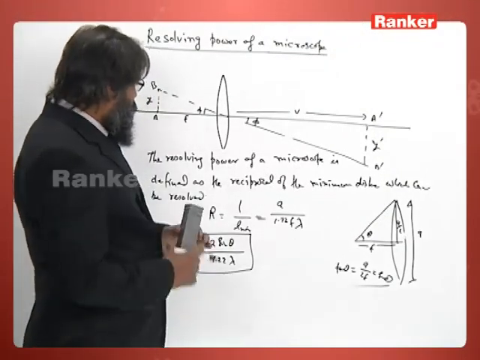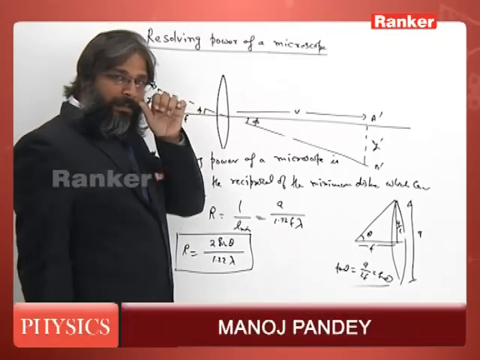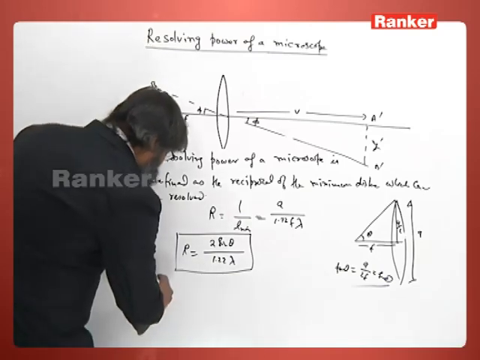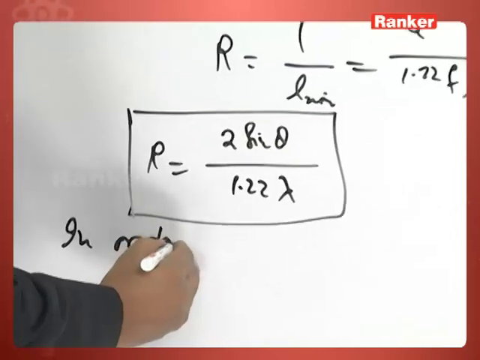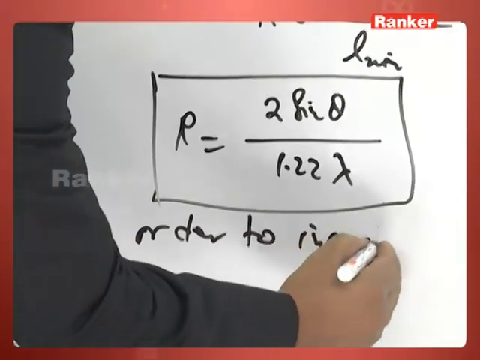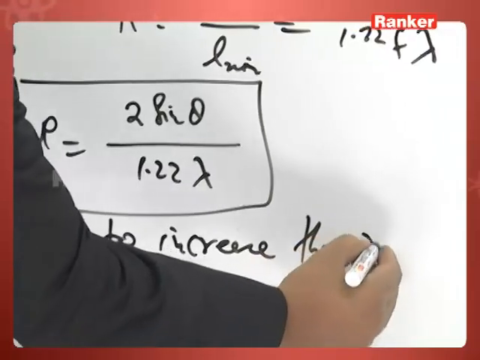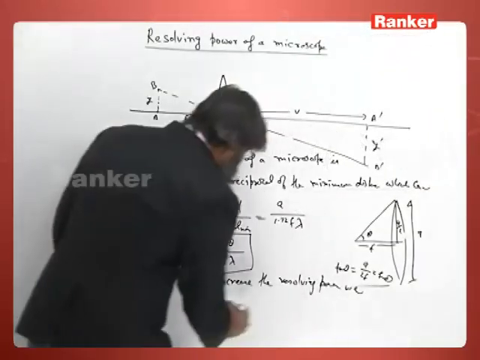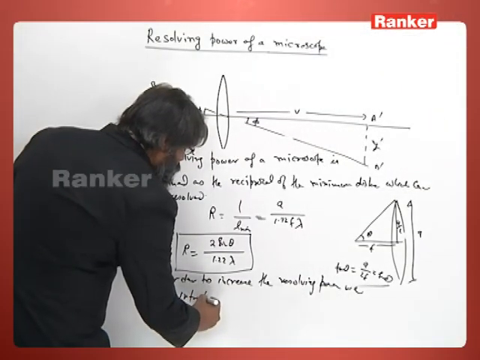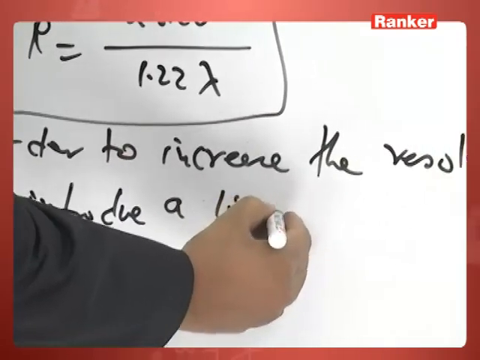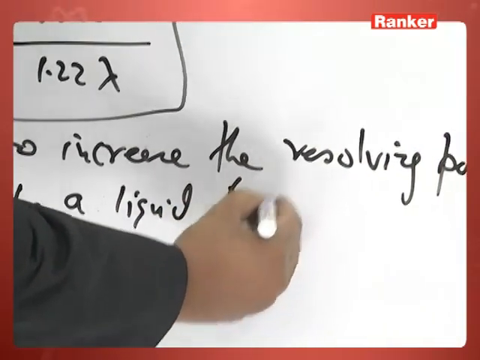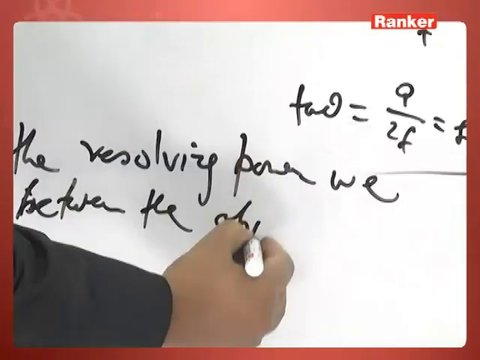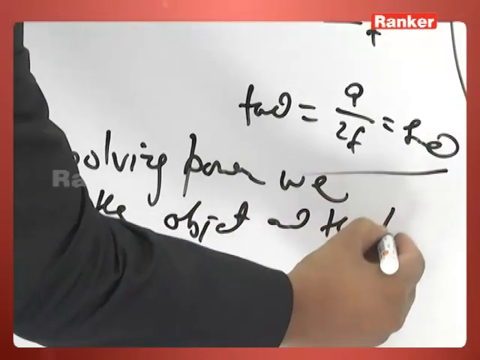Now here, if I want to further increase the resolving power, what do we do? In order to increase the resolving power, we introduce a liquid between the object and the lens.